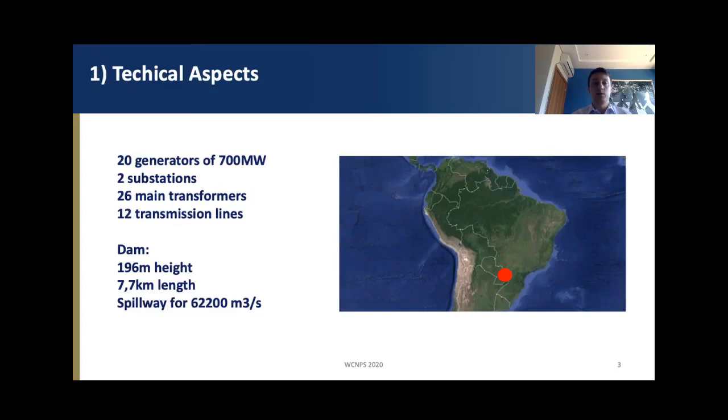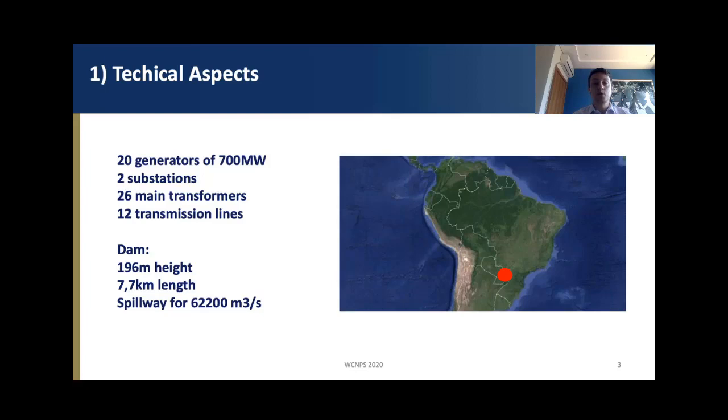Itaipu power plant is located at the border between Brazil and Paraguay, and we have 20 generators of 700 megawatts. So we are able to generate a maximum of 14,000 megawatts, which is our installed capacity.